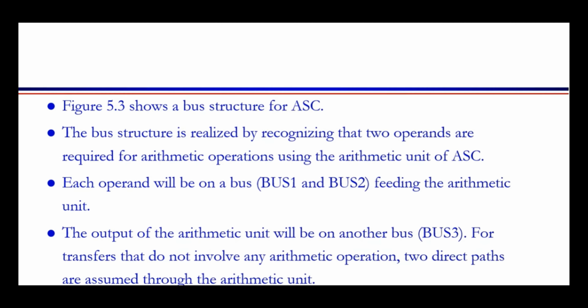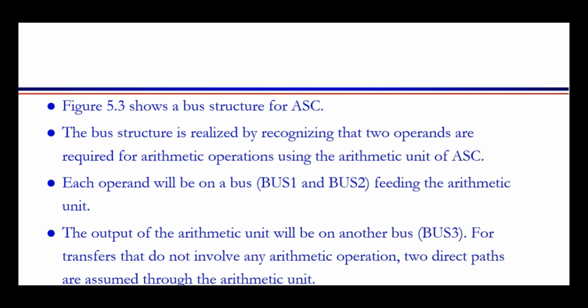So the figure shows a bus structure for a simple computer. This bus structure is realized by recognizing two operands which are required for arithmetic operations using the arithmetic unit of the simple computer. So each operand will be on a bus.